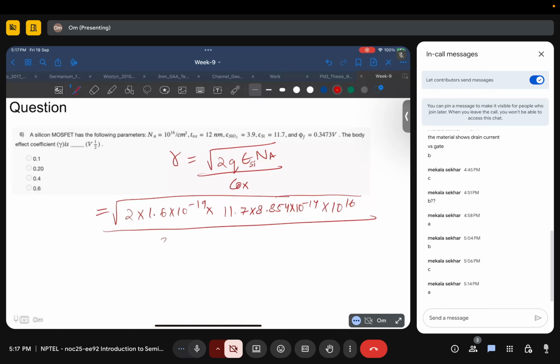Epsilon ox is 3.9 into 8.854 into 10 to the power minus 14, and Tox is 12 into 10 to the power minus 7. So if you solve this, you get 0.2 root volt. So it is option B.